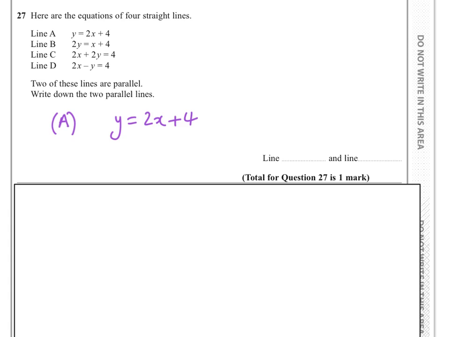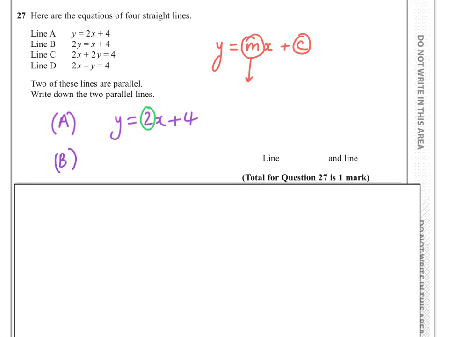And if we compare that to the straight line formula y equals mx plus c, where m is the gradient and c is the intercept, then all we need to do is get all of these lines into this form, and then we can compare the values of m, i.e. the gradient. So for this one, the gradient is 2.